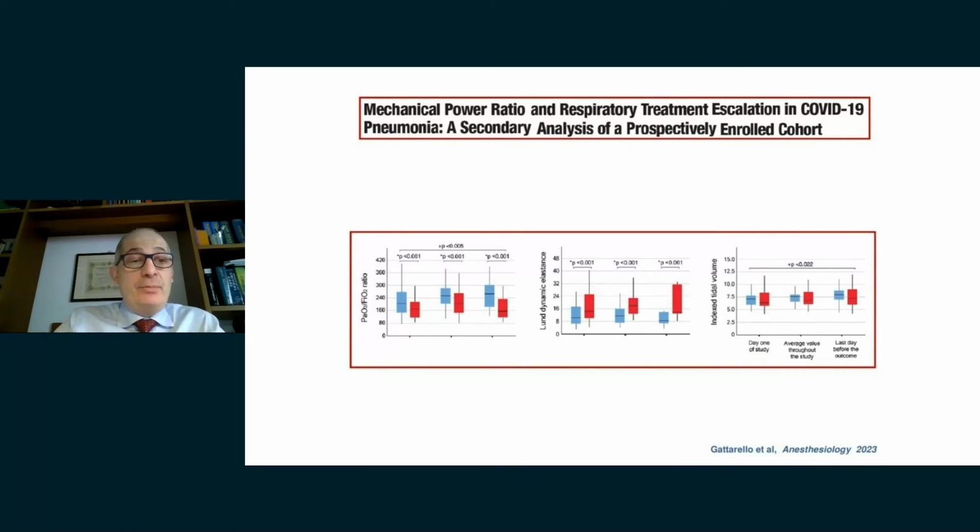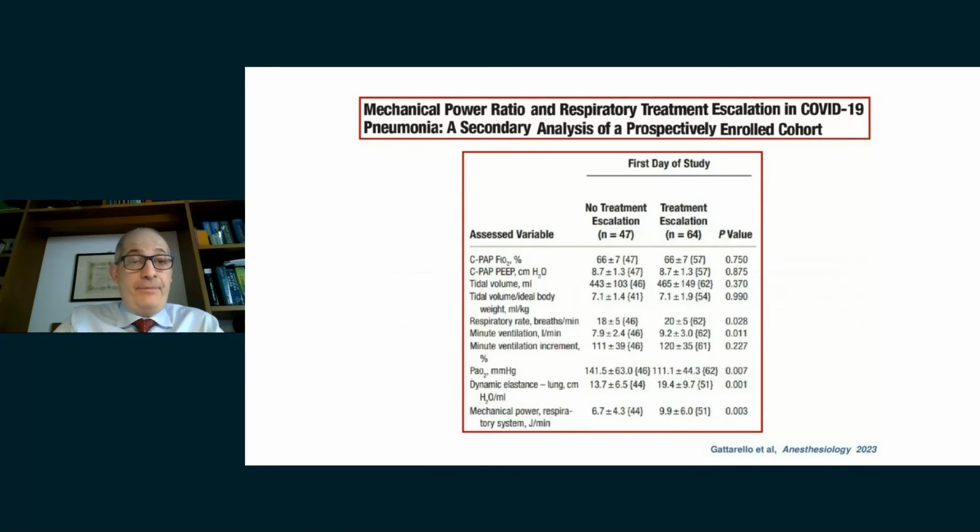As you can see, at admission, patients who did not receive intubation and mechanical ventilation presented a higher oxygenation and a significantly different tidal volume. And here are the numbers. Patients who continued non-invasive ventilation were compared to patients who stopped it and were intubated for invasive mechanical ventilation.